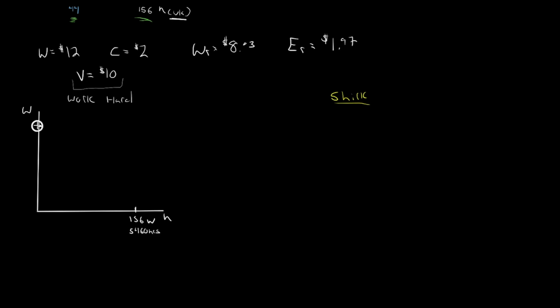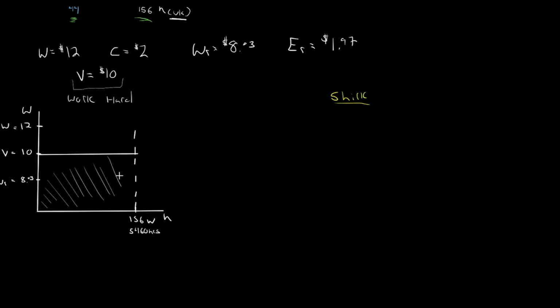Altogether, she's earning a wage of $12. That's her wage, but her wage minus cost is $10 an hour, and her reservation wage is 8.03. So if she were to work hard over this 156 weeks, she would earn this whole area here.